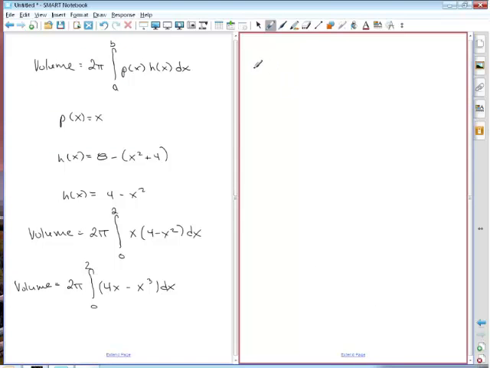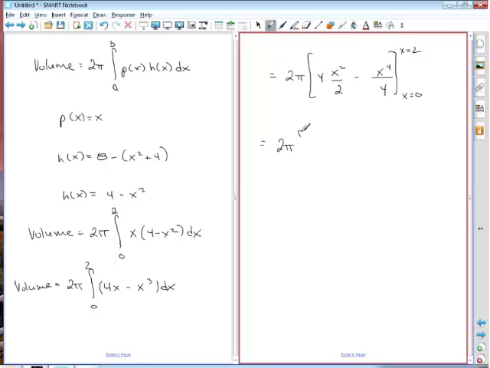So now we integrate. I'll leave the volume off for a second. So we get 2 pi times 4 times x, integral of x, which is x squared over 2. We subtract off x to the 4th over 4. And we evaluate that integral between x equals 0 and x equals 2.